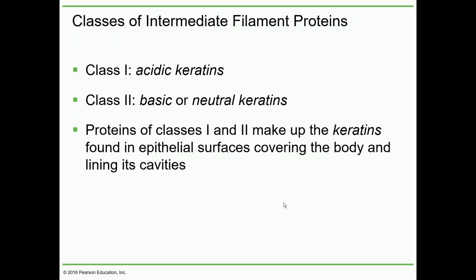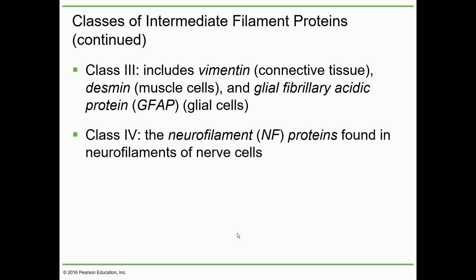So they can be classified into 6 classes. Class 1 are called acidic keratins, class 2 basic keratins. Class 3 includes vimentin, which is present in the connective tissue, then desmin in the muscle cells, then glial fibrillary acidic proteins.